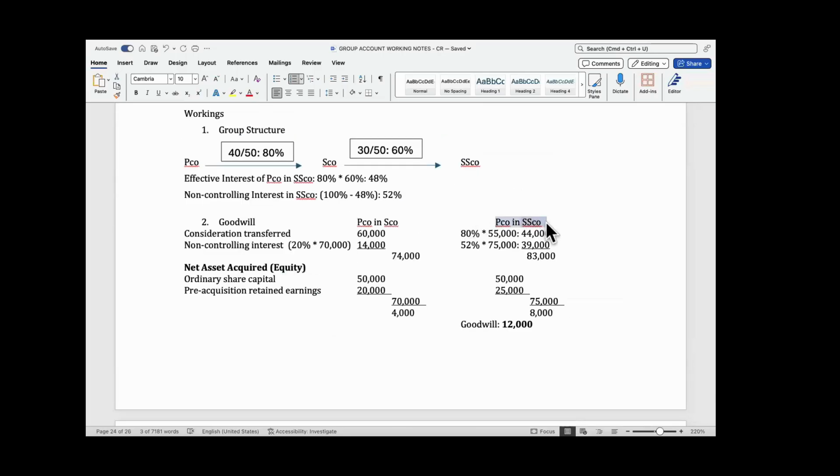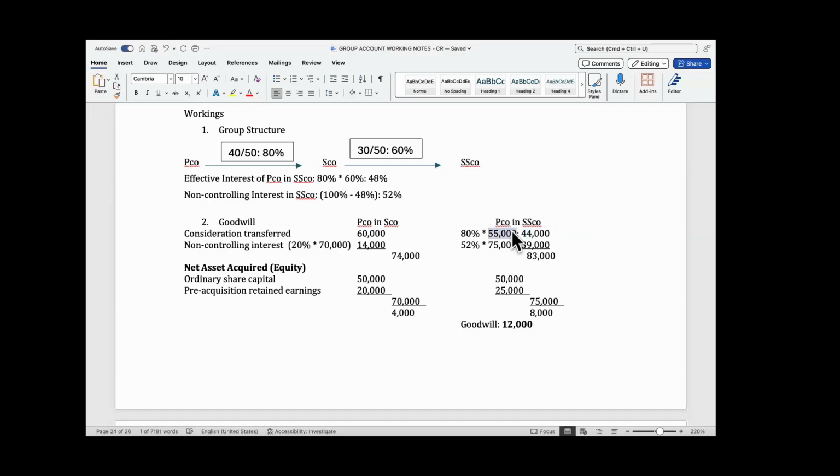Considering this PICO in SSCO, we said parents paid 80% of whatever ESCO paid. So effectively, the parent paid 44,000 of what ESCO paid. Who do you think will pay the remaining 20%? Is NCI. That has to be reflected, otherwise the accounts will never balance.